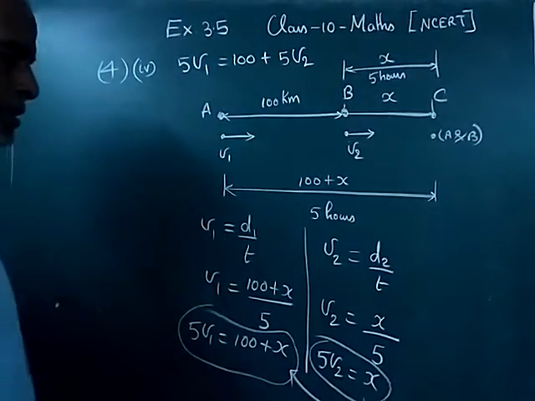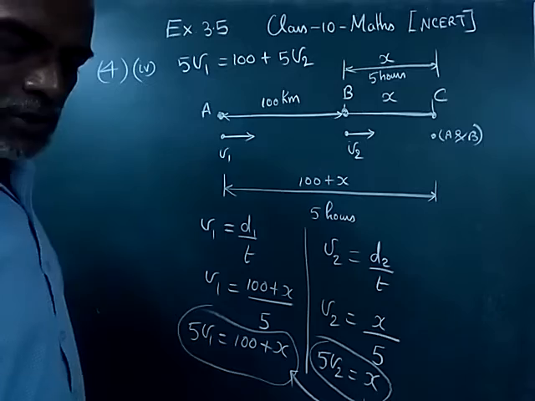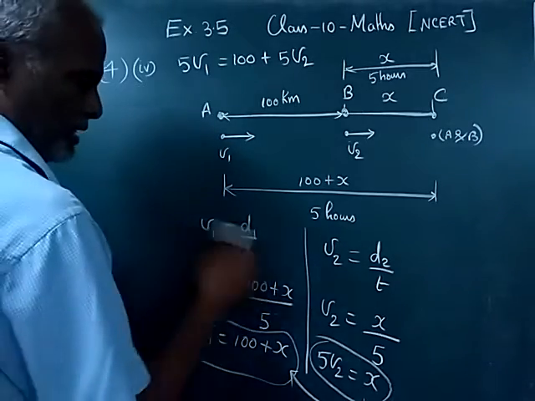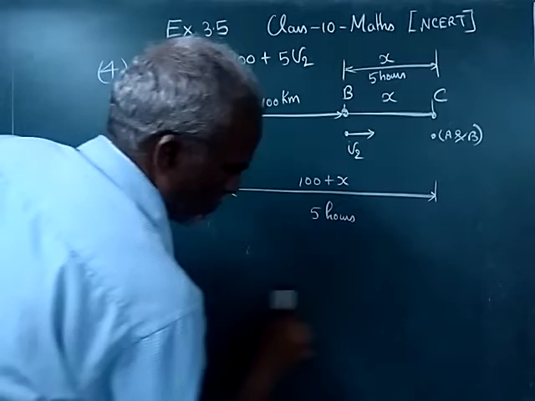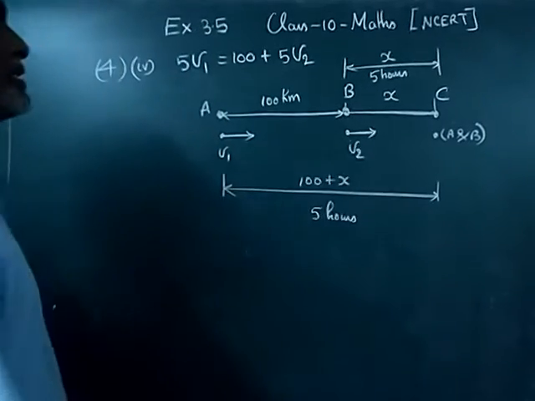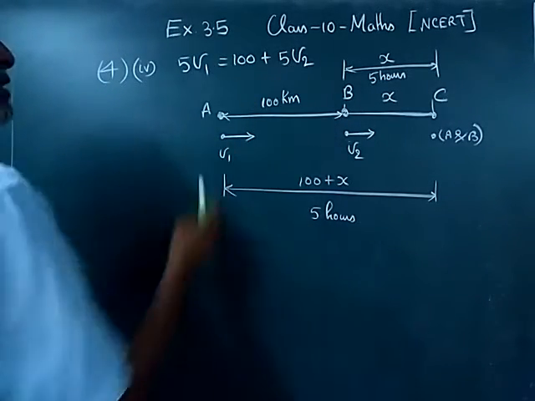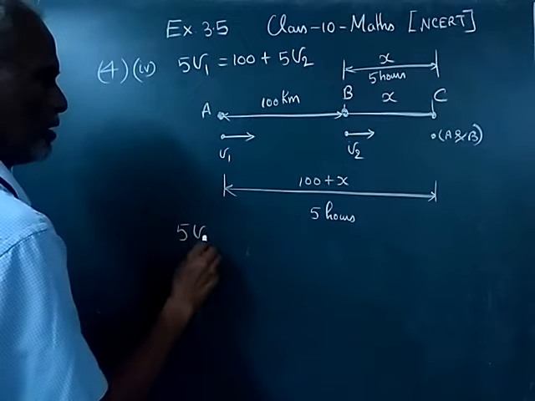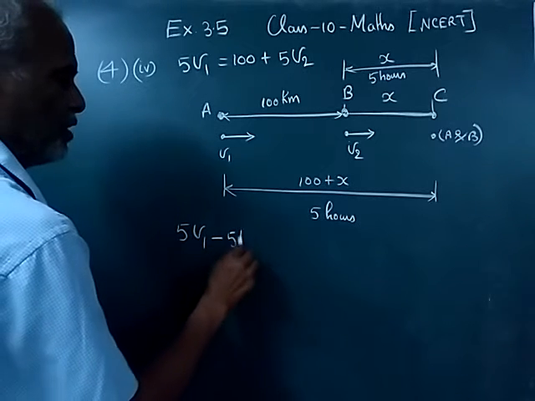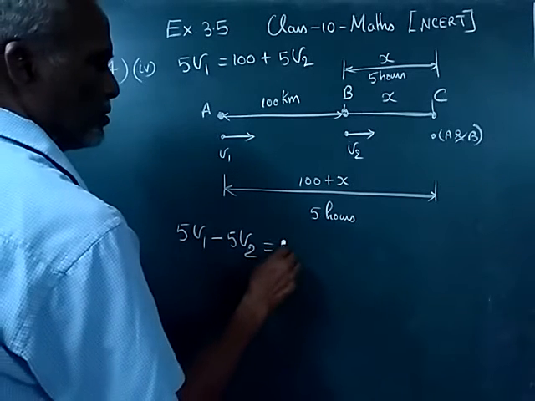Okay. I think up to this you might have understood. So this can be written as, you bring this term this side, so it will give you 5v1 minus 5v2 equal to 100.